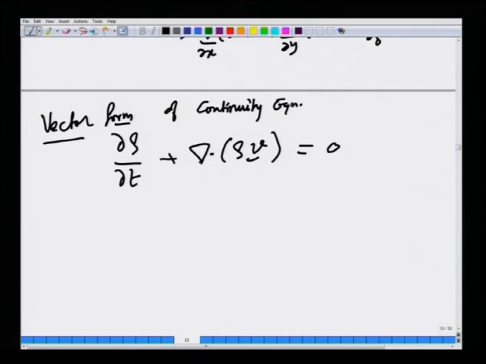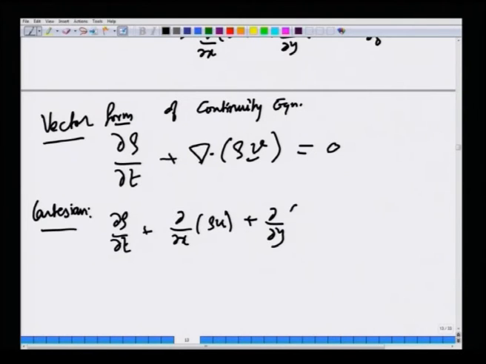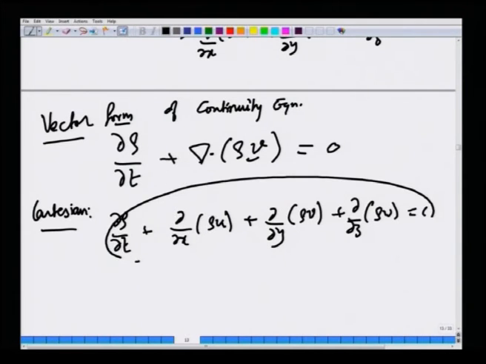Now, what is the advantage of the vector form written like this, and the component form written before? The component form for Cartesian coordinates is d rho dt plus d dx of rho u plus d dy of rho v plus d dz of rho w is 0. This form is valid only for a Cartesian coordinate system. If you want to write it for a cylindrical coordinate system, the form will be slightly different.